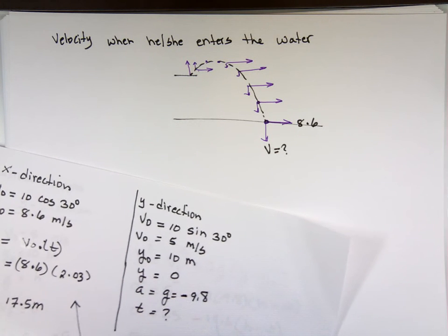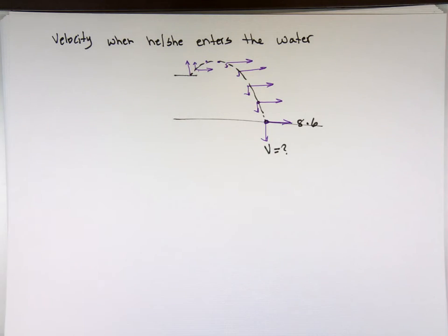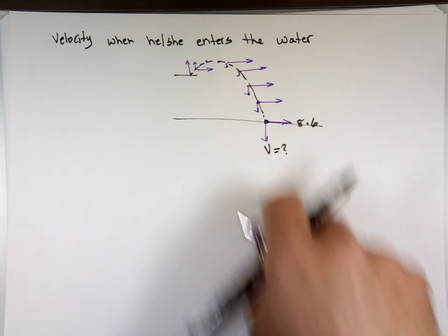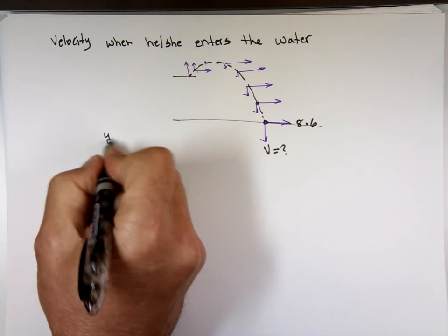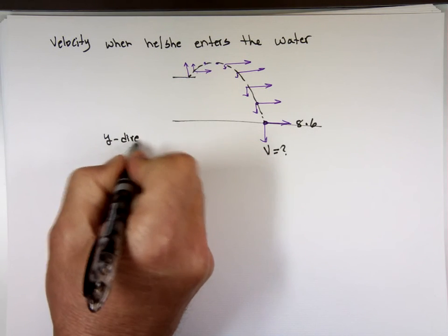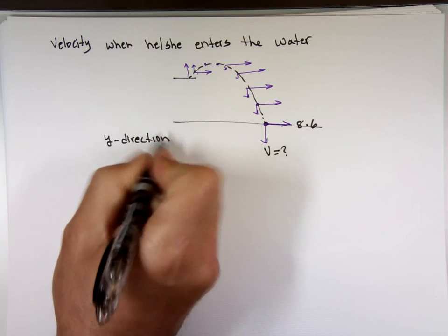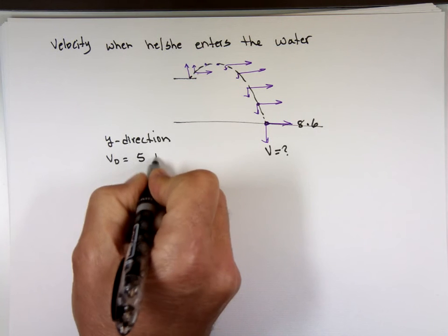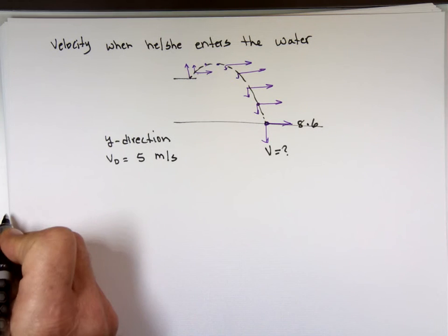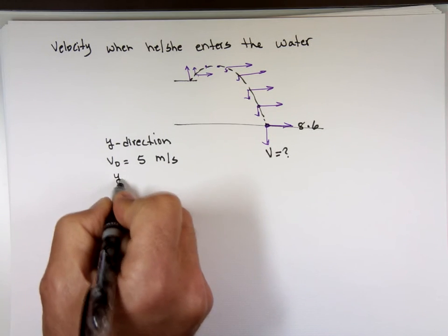So again, I'm interested in the velocity in the y direction. I'm only paying attention to the y direction. We know the initial velocity was plus 5. We know the initial height was 10 meters.